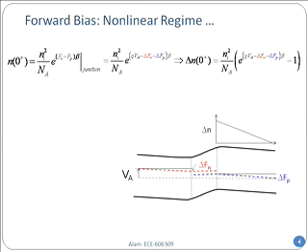First, let's look at the diagram below. This is a high injection case, a lot of current flowing in. You can see from the black dotted line that the quasi-Fermi levels on the two contacts have been pushed up by the applied voltage VA.